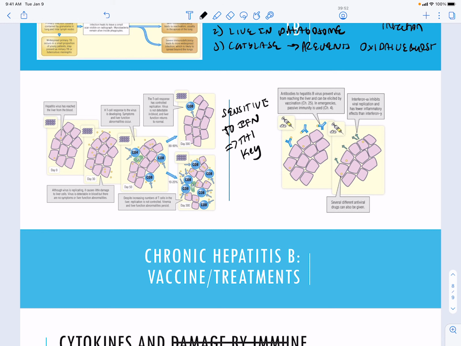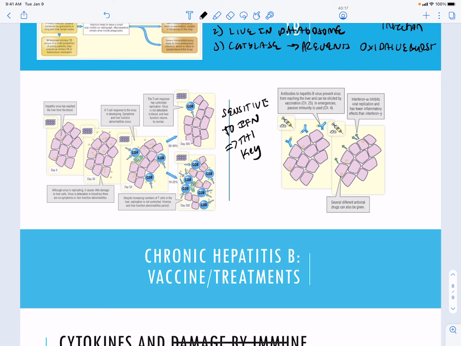Many people can clear this infection without any problems, but some people are unable to clear the infection, and the virus goes chronic. A lot of the pathology associated with hepatitis B is caused by your immune system attacking your hepatocytes for the Th1 response.